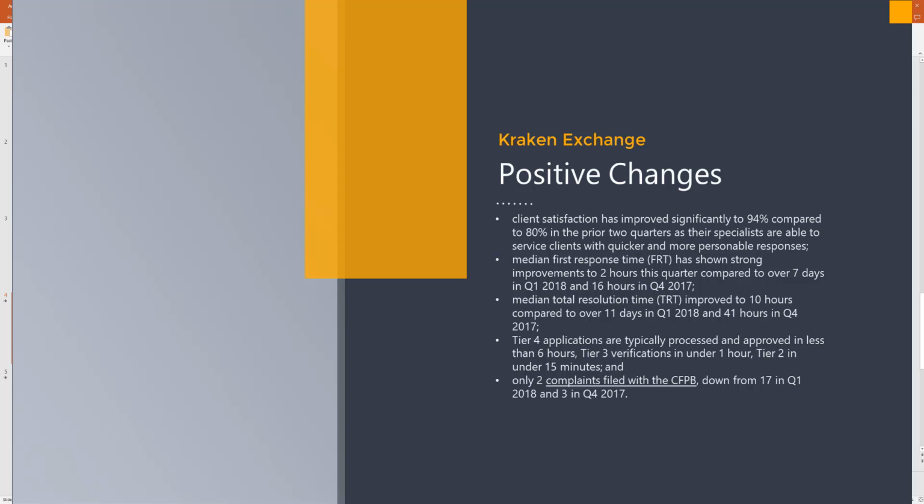Median total resolution time is improved. The tier 4 applications are processed and approved in less than 6 hours, which is actually phenomenal, because those kinds of applications really require a person reviewing it and doing the due diligence on Kraken's side to make sure that they fulfill the requirements to have those kinds of limits.